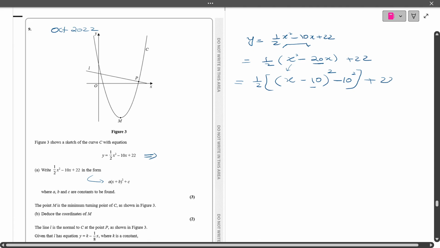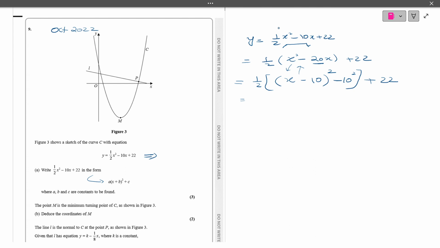Plus 22, the third term, copy it down. This is the rule, because when you expand x minus 10 whole squared and solve with negative 10 squared, you will get basically the same thing as in the previous step. So that's why we can write it in whole squared form.